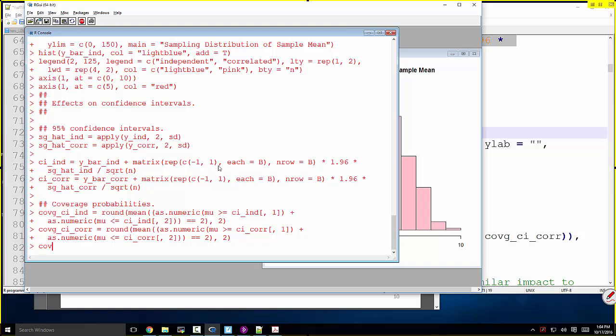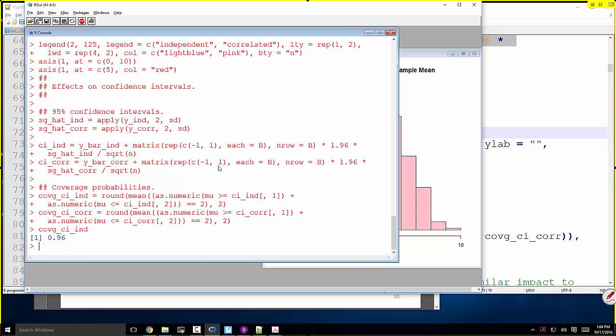Coverage of our confidence interval in the independent case should be 95%. 95% of those simulated data sets, or 96%, close enough, contained mu equal 5.